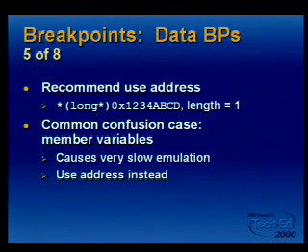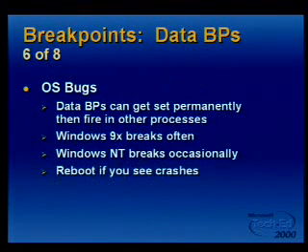People talk about, oh, well, I've set this data breakpoint number 6, and all of a sudden the debugger hangs. Well, no, it's just taken a long, long time to single step through everything in your code. So always try and use the address to set your data breakpoints. There's no OS bugs, sorry.